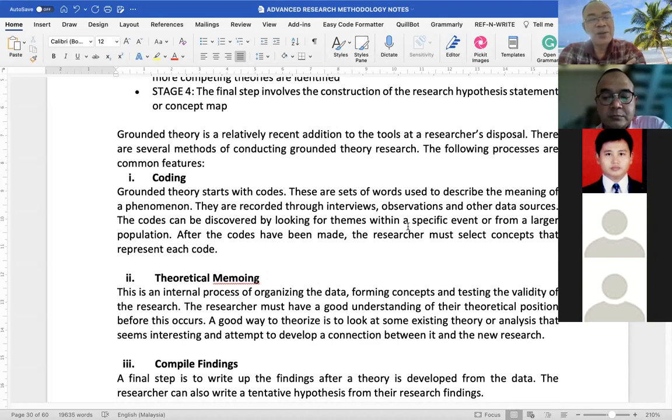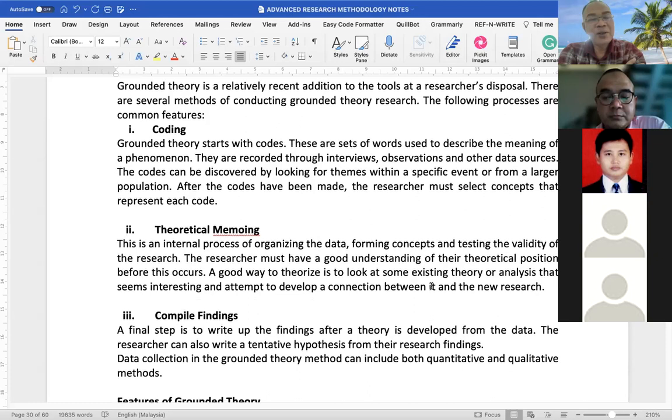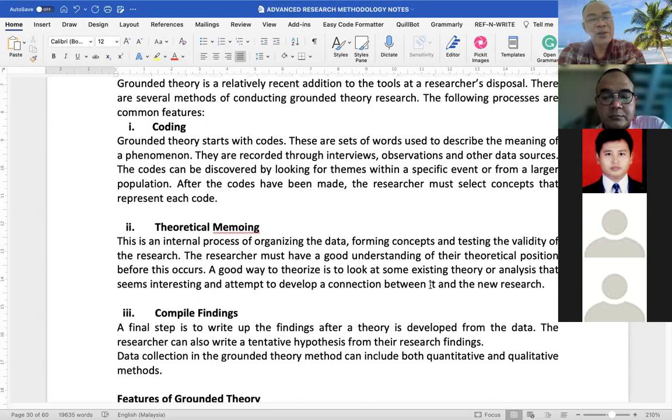This is an internal process of organizing the data, forming concepts, and testing the validity of the researcher. The researcher must have a good understanding of the theoretical position before this occurs. So in order to do this, the researcher must understand the theoretical concepts behind.